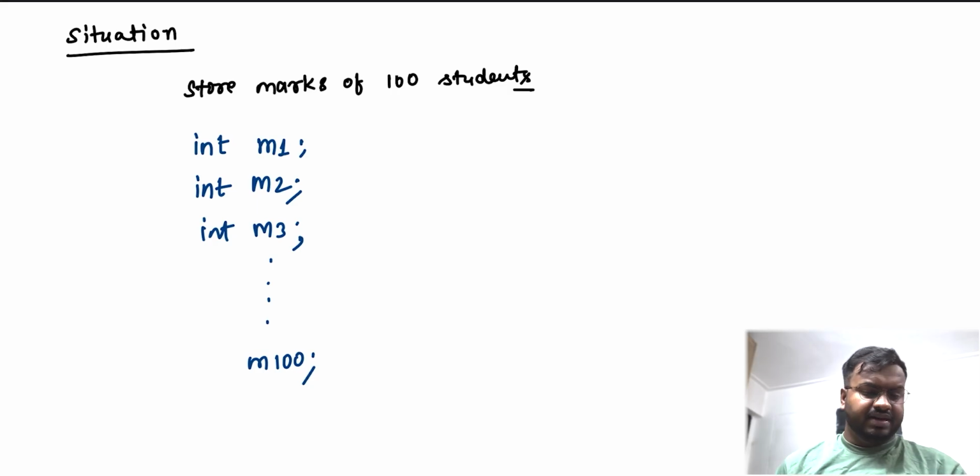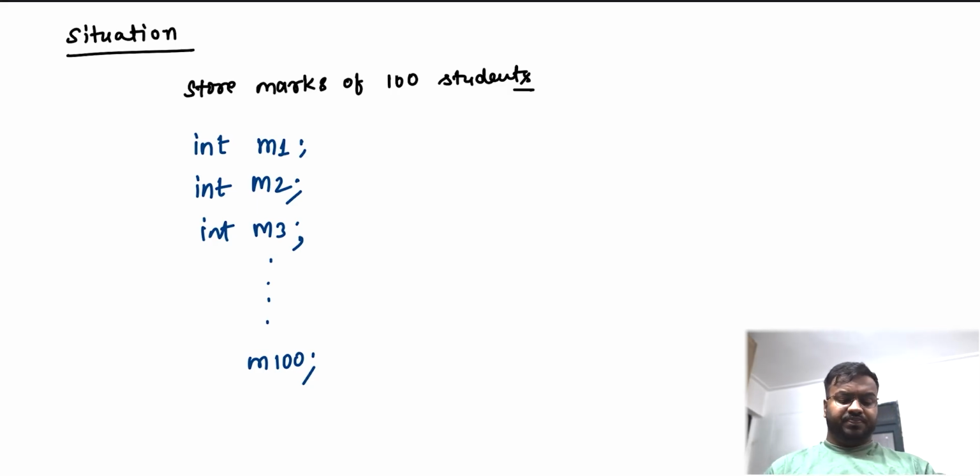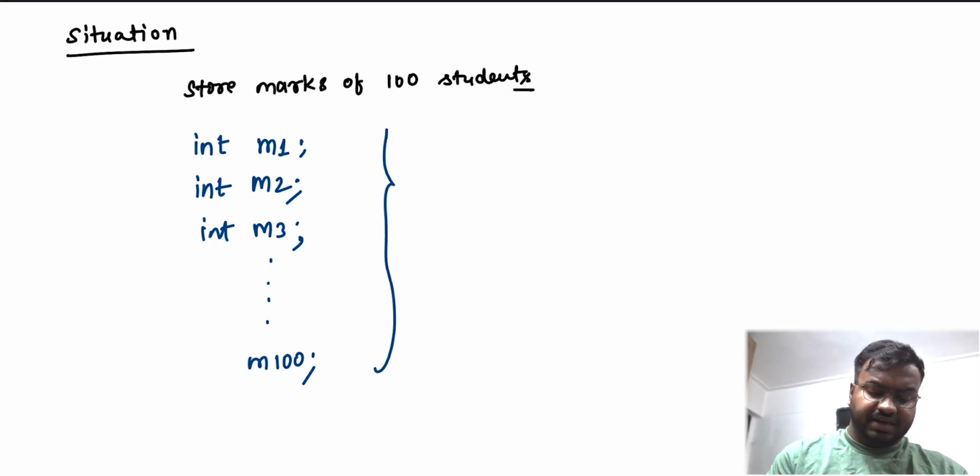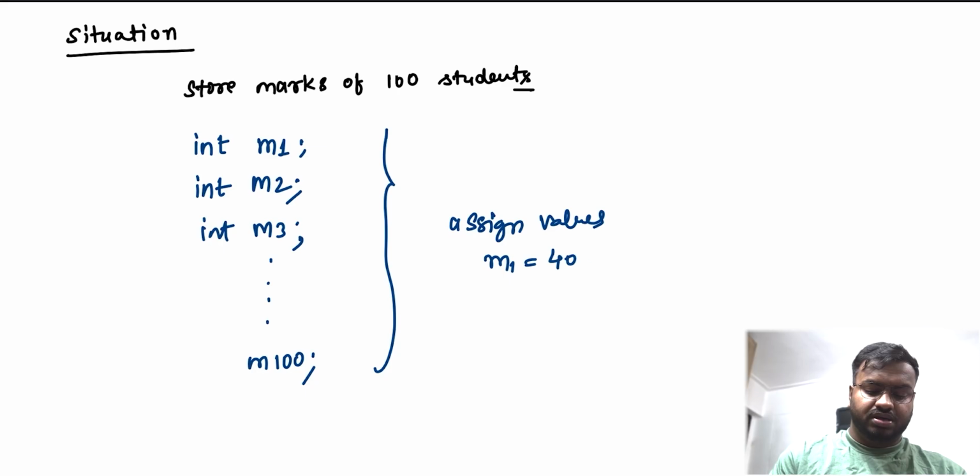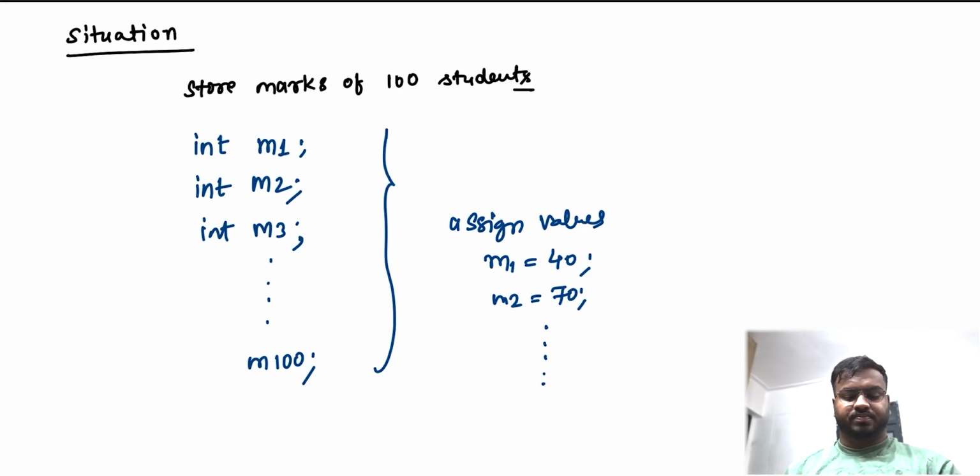I can declare 100 variables, and then I can assign values to each variable. For example, m1 is equal to 40 marks, m2 is equal to 70 marks, and so on. Clear? We can do this, but this is not practical. This is very difficult to handle.